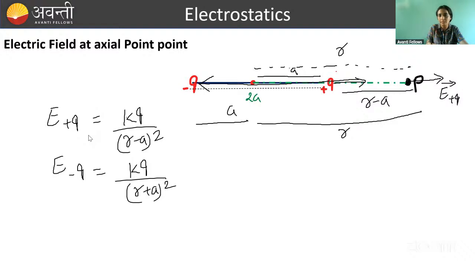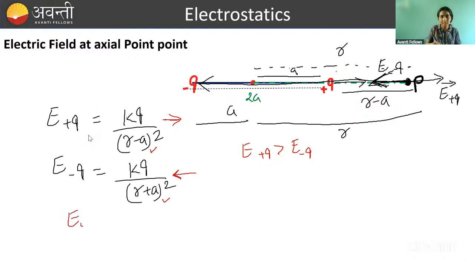So if you extend this line, the electric field will go like this, because it has to end at minus q. So the electric field because of minus q at this point P will be directed in this sense. Both are oppositely directed. The electric field because of plus q is in this direction, and because of minus q is in this direction. Clearly you can see this denominator is smaller and this is greater. If the denominator is smaller, the value will be larger. So E plus q is greater than E minus q.